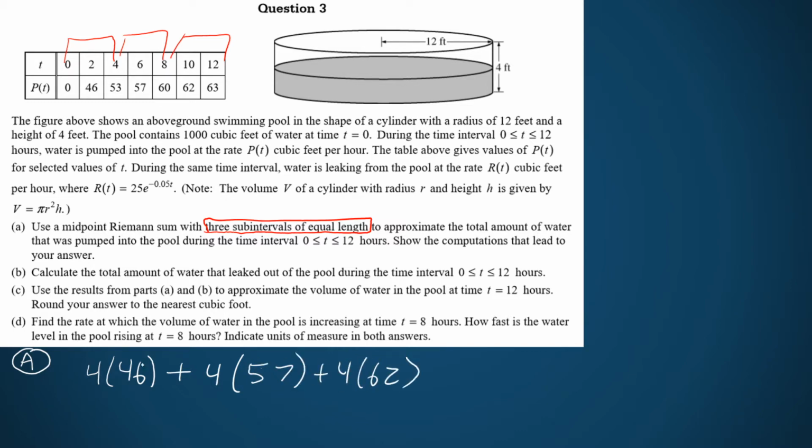Okay, so that's 3 rectangles that we have, with their heights at the midpoint. It's roughly equal to our integral from 0 to 12 of P(t) dt.